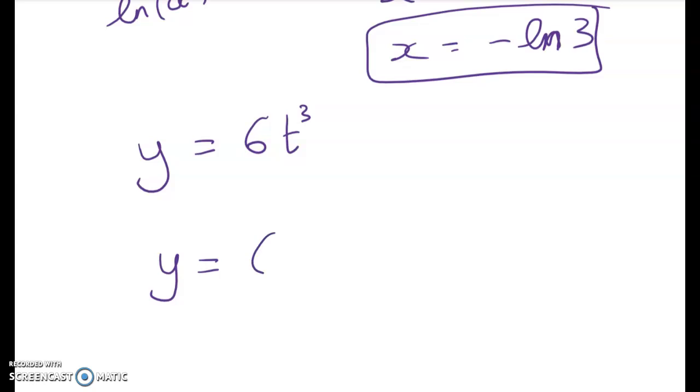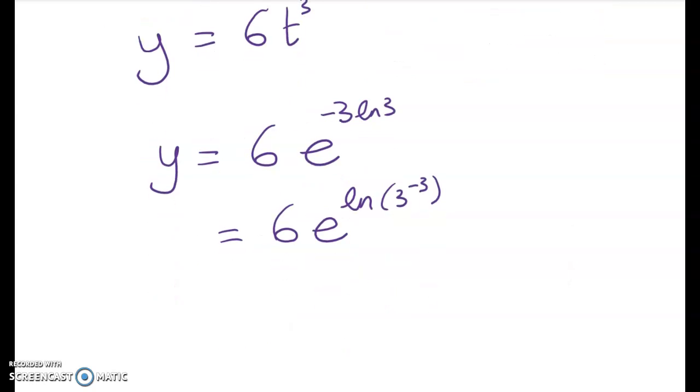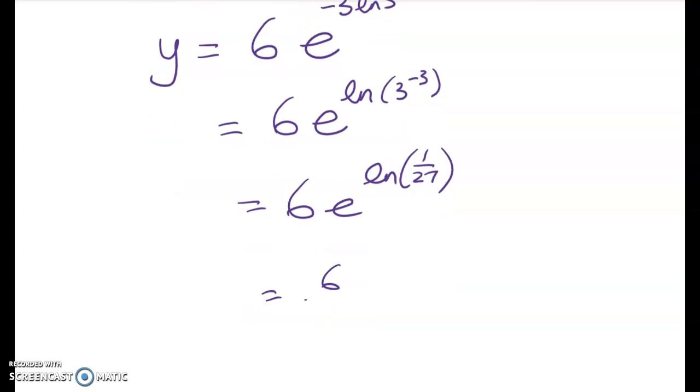So y is equal to 6 e to the negative 3 log 3, which is 6 e to the natural log of 1 over 27, which of course has to give us what we had before, 6 over 27, which is 2/9. So there you go, 2 different ways to do that question.